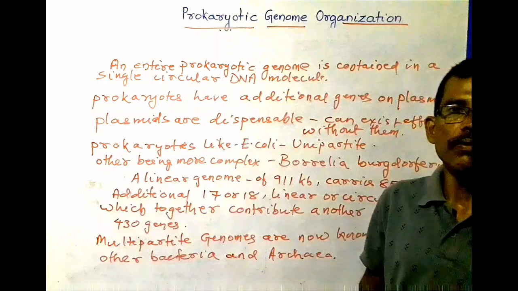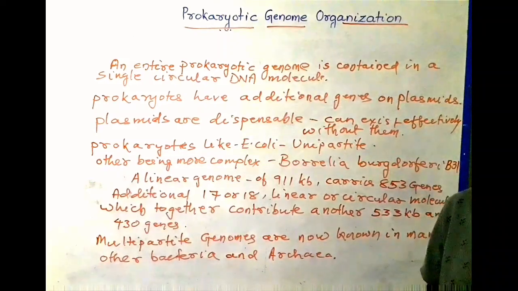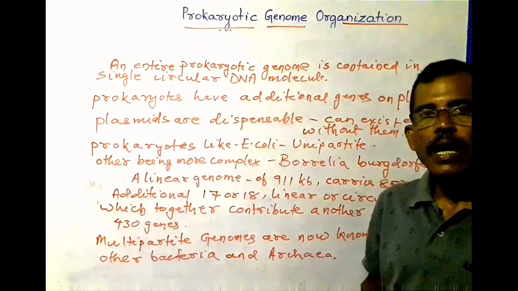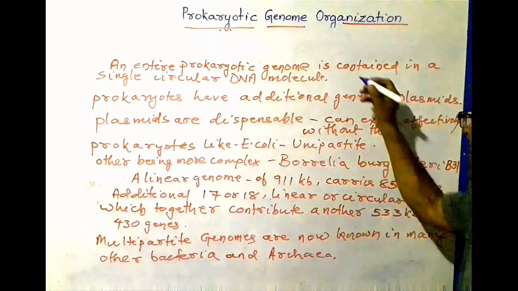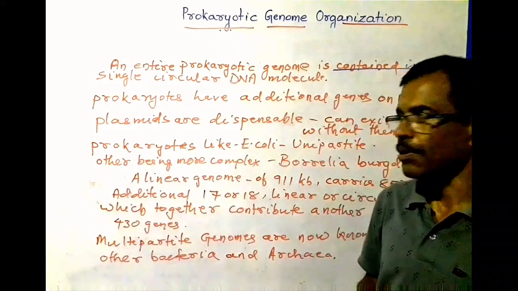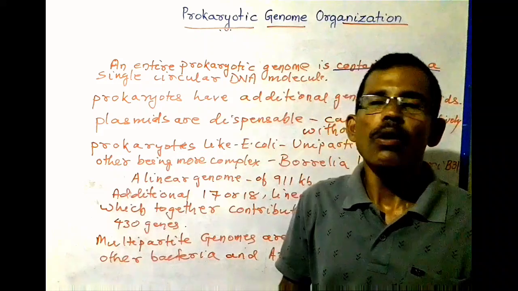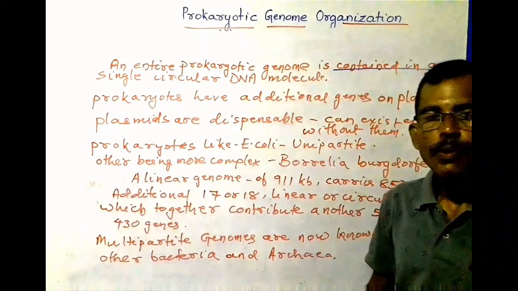The traditional view about prokaryotic genome organization is that an entire prokaryotic genome is contained in a single circular DNA molecule. But this view is not applicable to all prokaryotes.